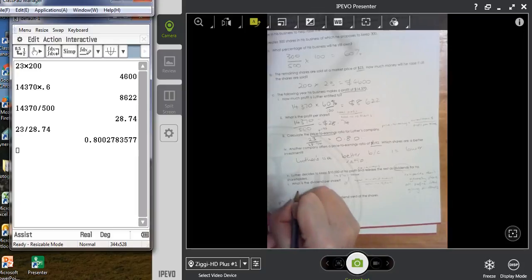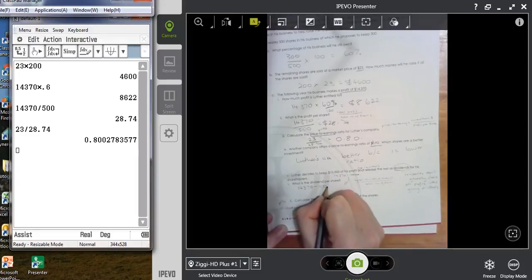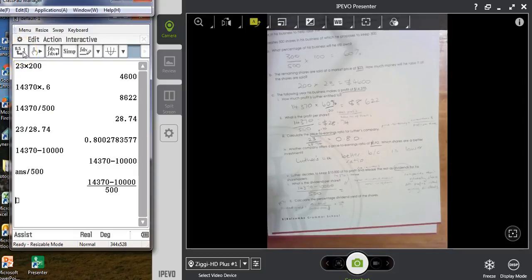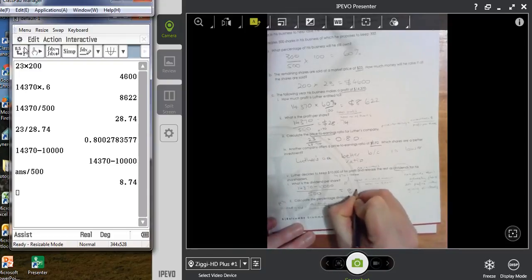So we have to work out how much will be shared overall and divided by the total number of shares. So that would be $8.74.